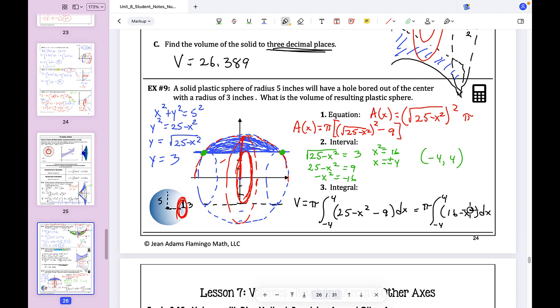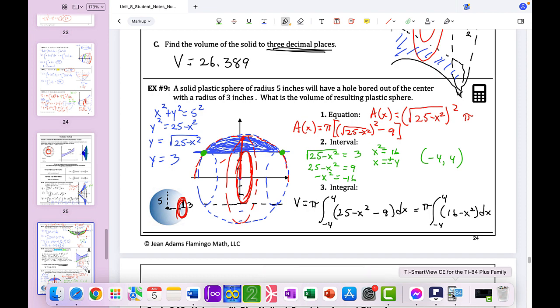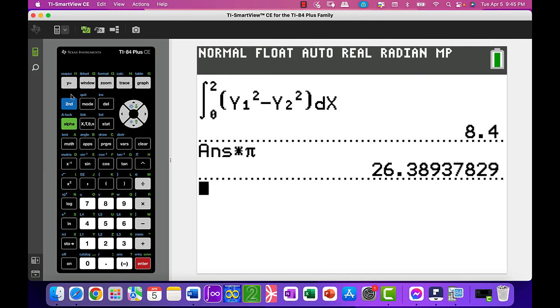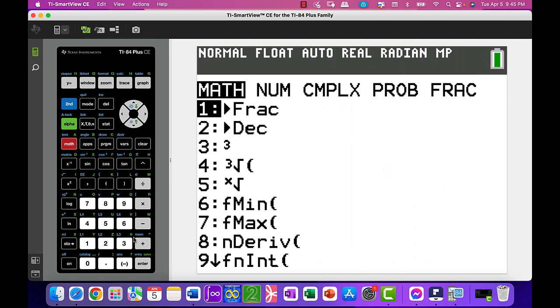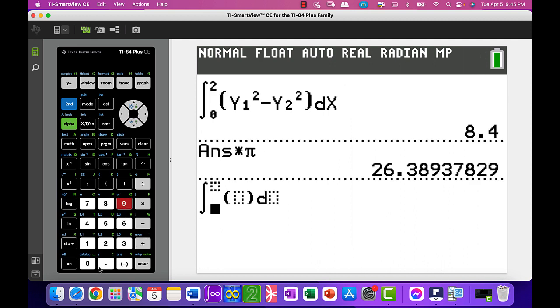Okay, what is the result, the volume? If I put that in my calculator, I'm going to do math, number 9, going from negative 4 to 4 of 16 minus x squared dx.